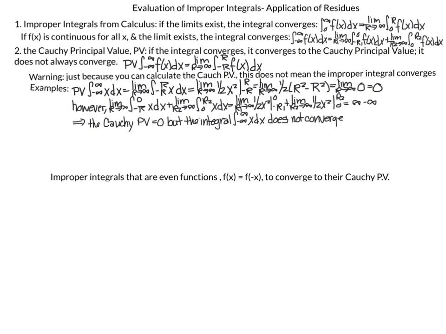And this example is improper integrals of even functions. So when we have an even function, where f of x is equal to f of negative x, these improper integrals will always converge to their Cauchy principal value.